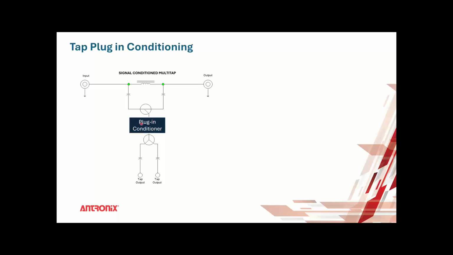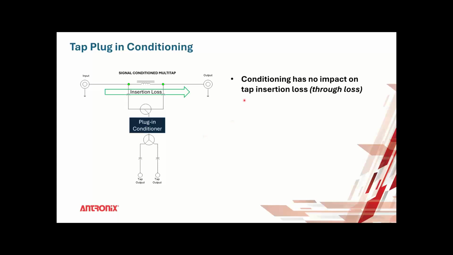This is a device where you can change the filter of this conditioner that is in between your directional coupler and your splitter. Because this conditioning is after the directional coupler, it doesn't have an impact on insertion loss. So whatever insertion loss you have through here stays the same regardless of what plug-in conditioner you decide to use.